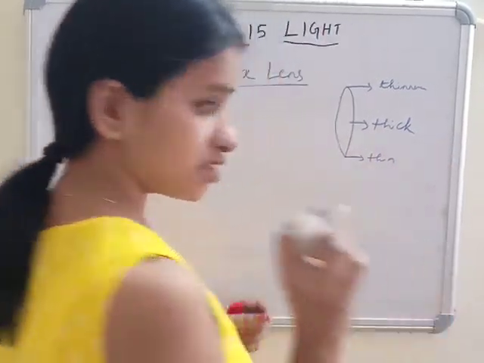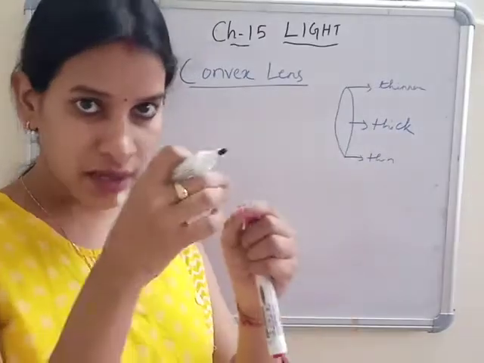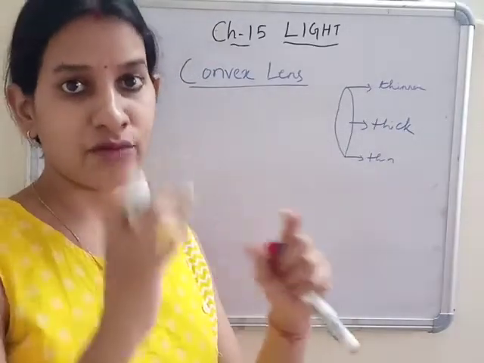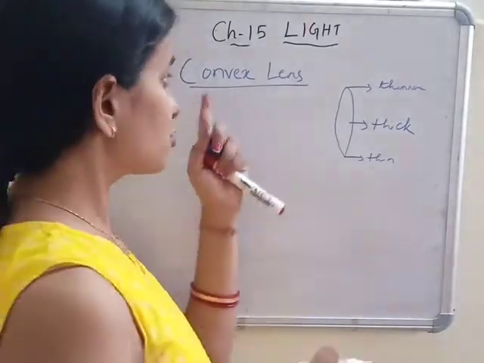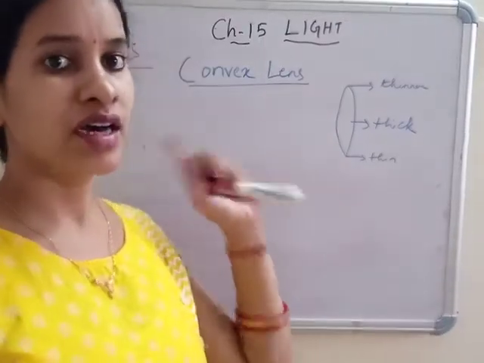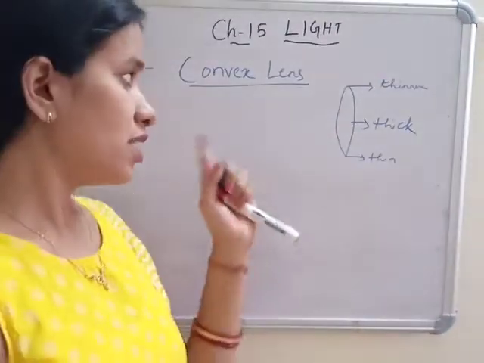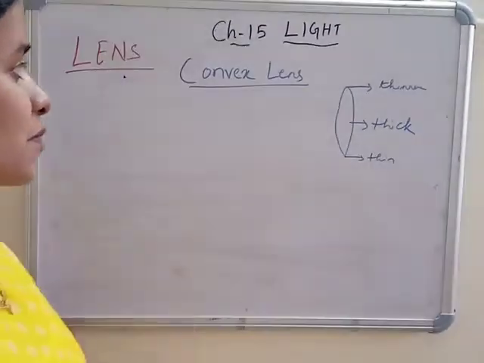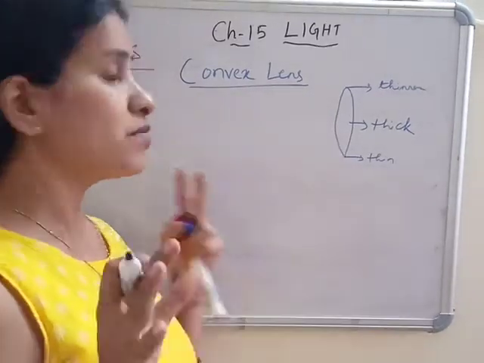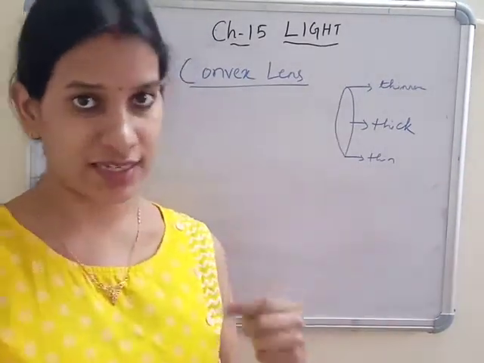If you touch any lens and find that the middle portion is thicker and the end is thinner, then it must be a convex lens. Now let's discuss what type of images are formed by this convex lens.